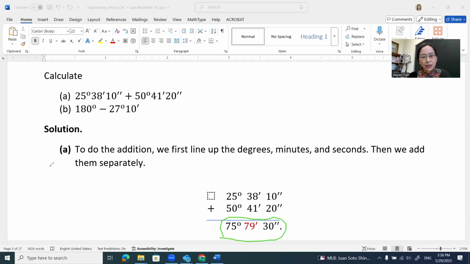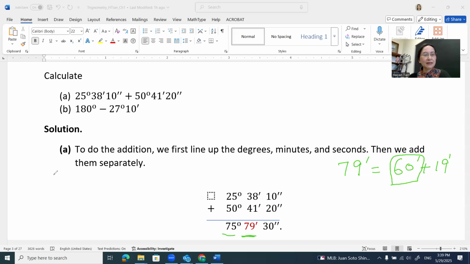However, we realize this is more than 60 minutes. So we can round it up because we know every 60 minutes is 1 degree, right? So we can think of this 79 minutes as 60 minutes plus 19 minutes. So this 60 minutes is another degree, so we can round it up.